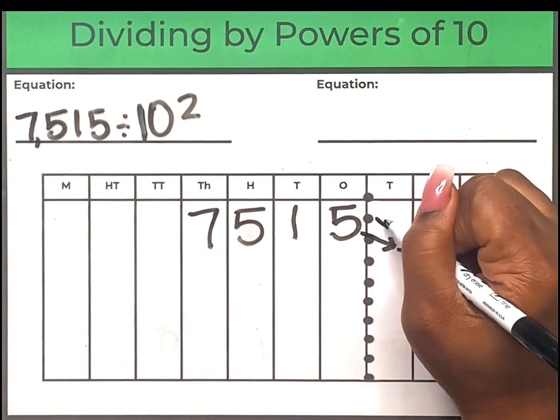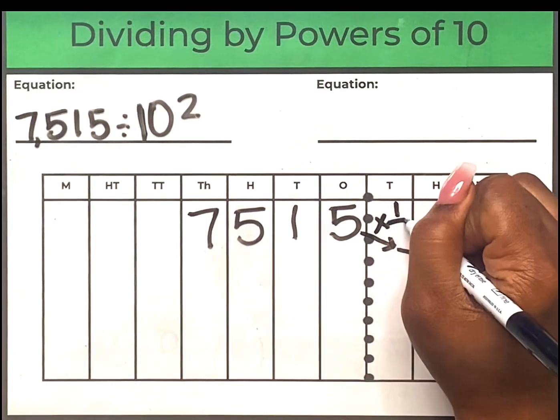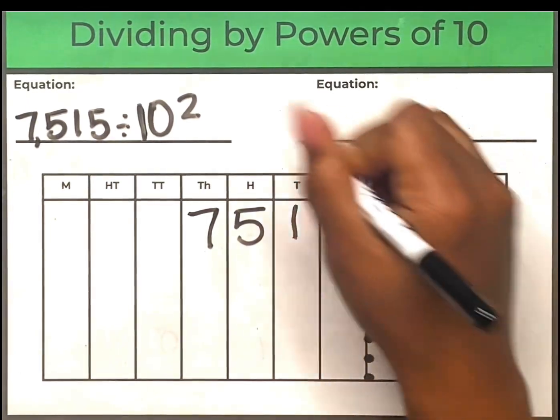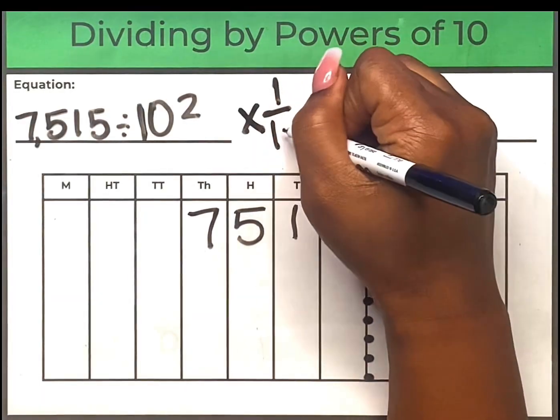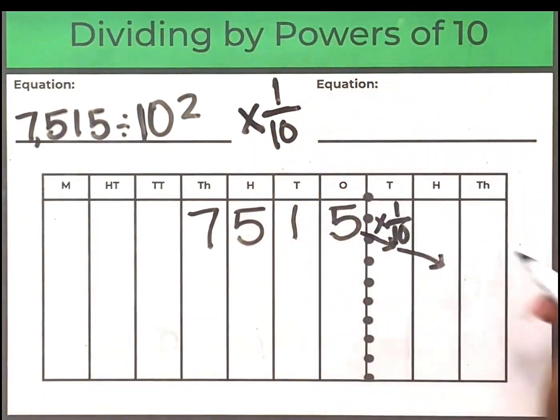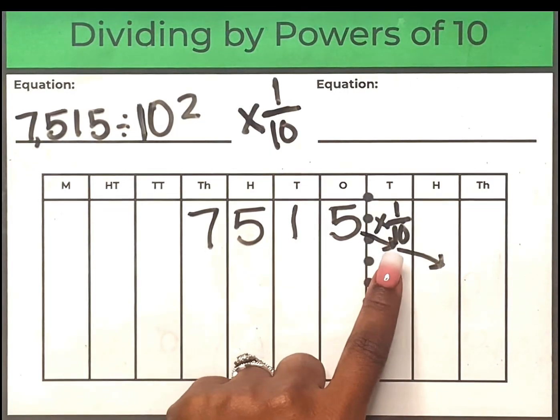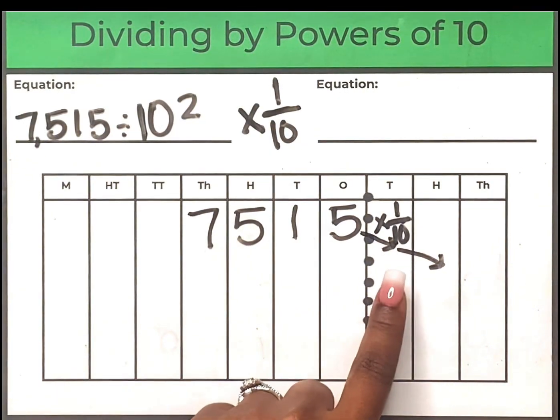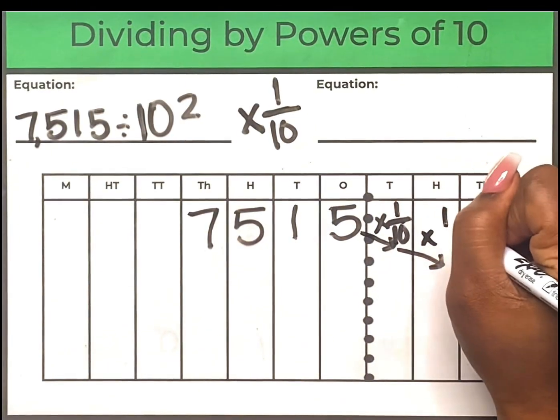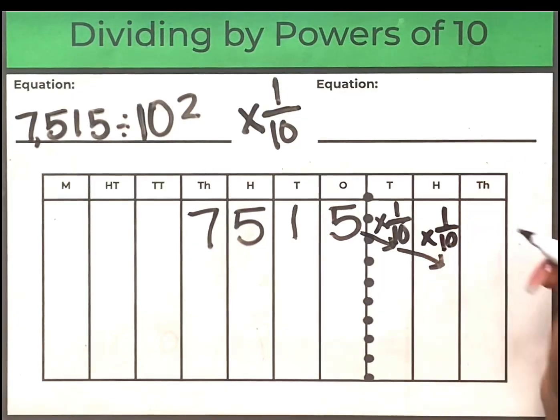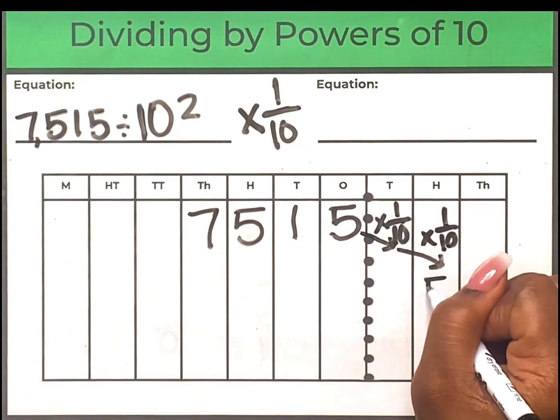Let's write times 1/10. Sometimes you're going to see this. Fractions mean division, okay? So this does mean to divide by 10. So I'm going to put times 1/10. Did it 2 times. The 5 is now in the hundredths place.